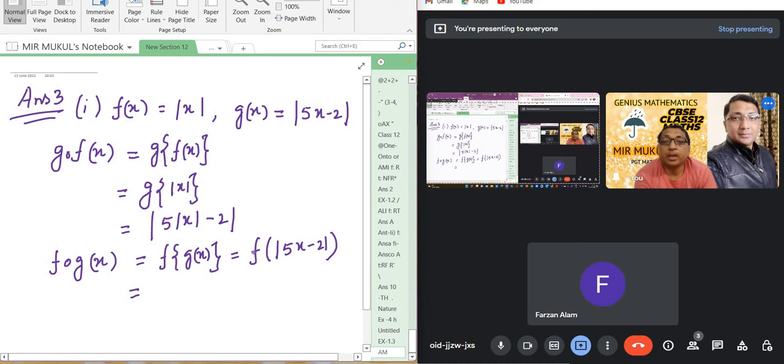A double mod is meaningless, so it is mod of 5x minus 2. Okay, so understood? Yes, sir.